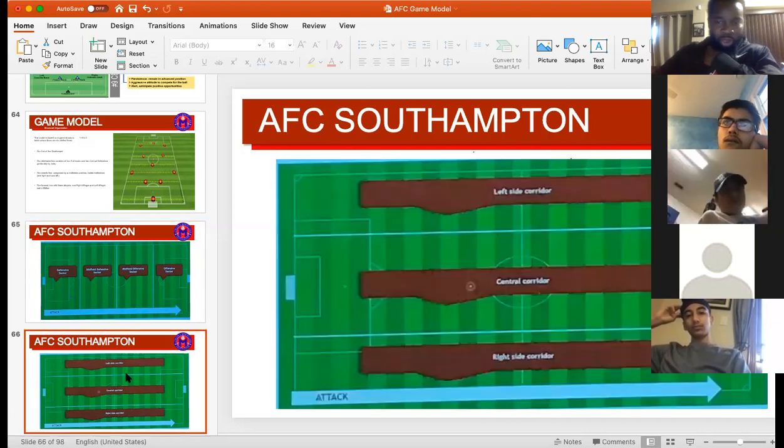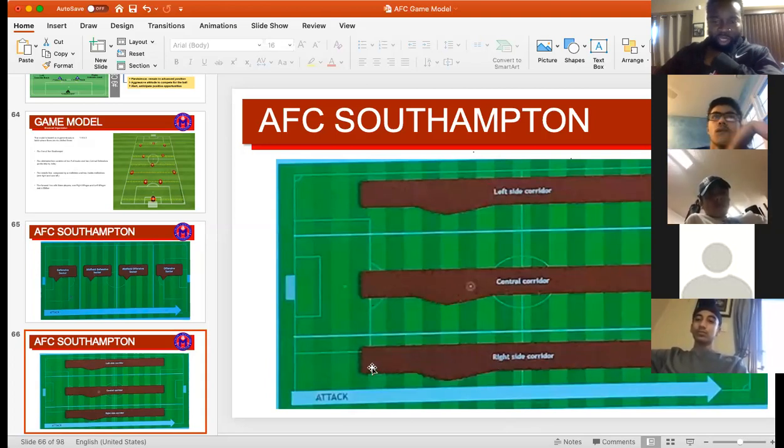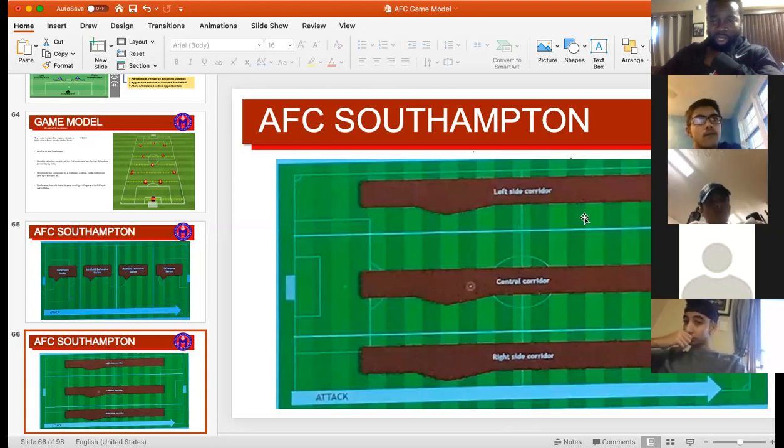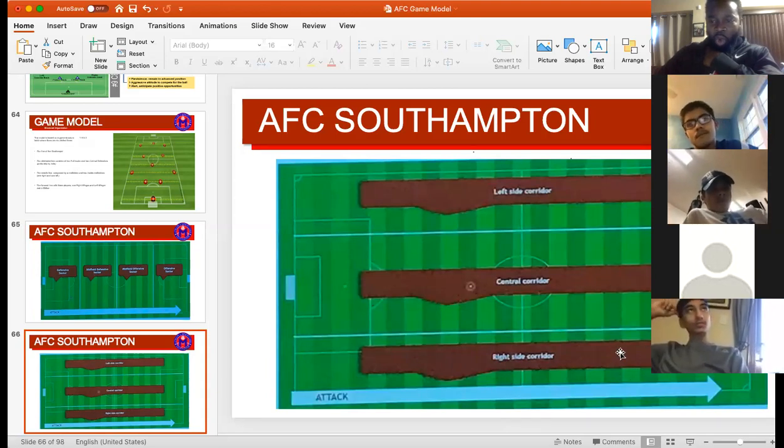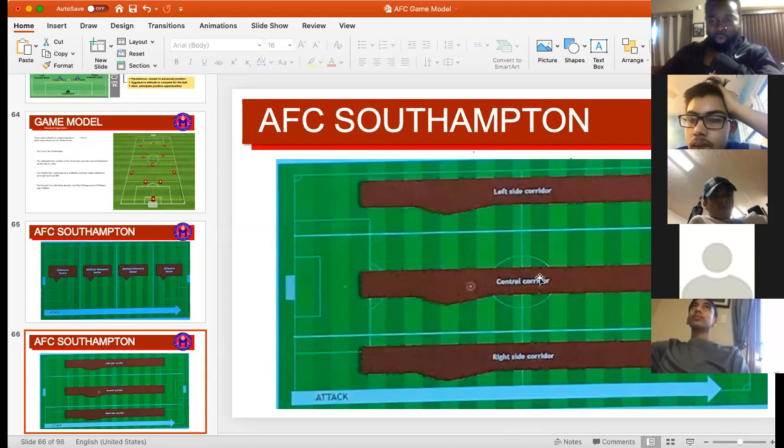Right? Once you get into the phase here, these are all channels, right? So if I have Basi playing right midfield, and I have Sato playing right defense, Basi and Sato cannot go in the left corridor. They can go from right to central and then up and down. They cannot come on the side. If Aiden were playing center midfield here, Aiden can go left to right, from center, left to right, up and down, because he's playing central player.